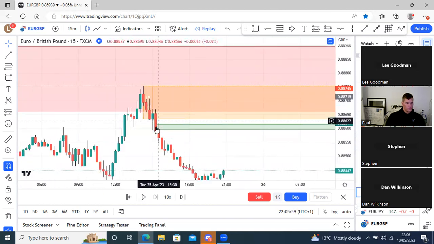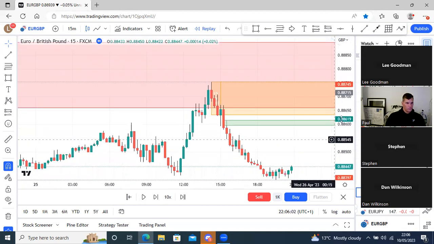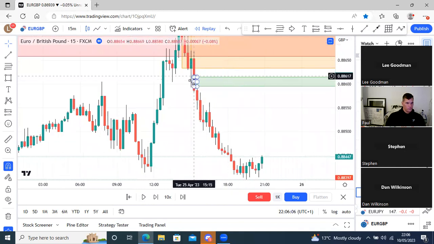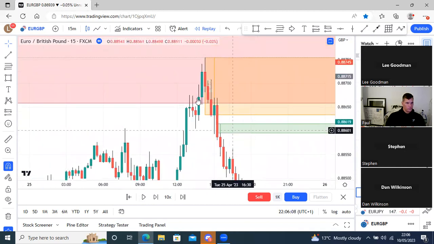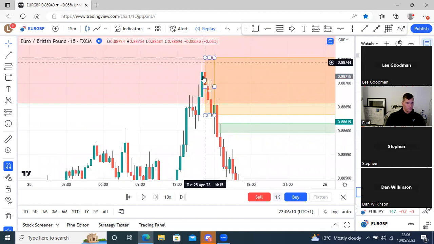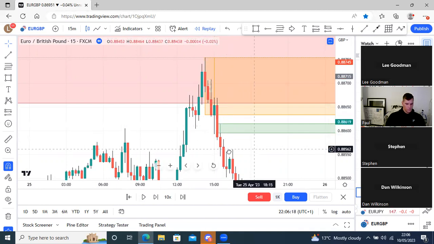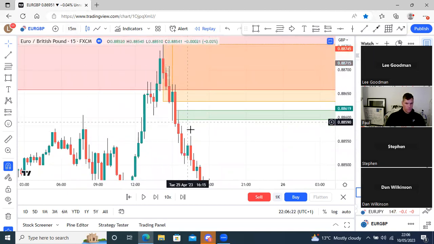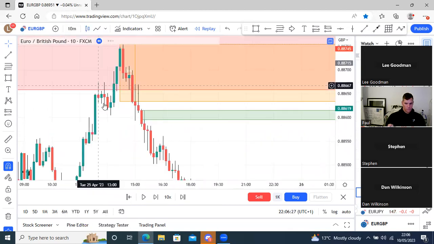So this is a bit difficult on the 15 because there's not really any imbalance in there because of all these wicks. But I know obviously a lot of the time you get your wick, you get pushed down, you get this. I think on the fibs it's probably 72% mark, 82% mark. And if it's ultra difficult like this one is, I'll just drop to the 10 minutes.